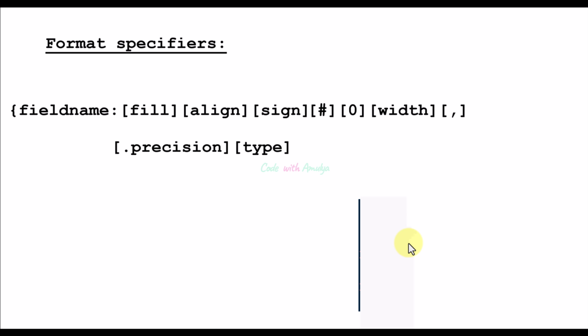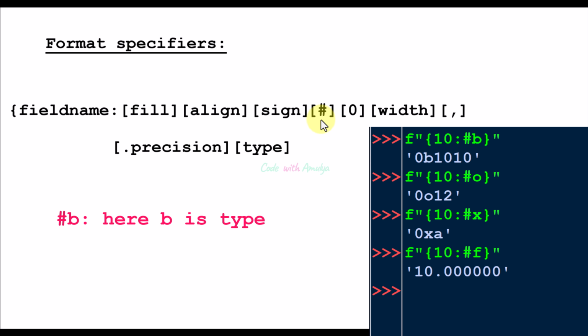And the next field is hash symbol, or it is called alternate form. The hash flag modifies the output format of numbers in specific ways. It has no effect on strings. If we mention hash B, it adds 0b prefix. If we mention hash O, it will add 0o prefix. And if we add hash X, then 0x prefix. If I add hash F, it ensures the decimal point appears in the output.